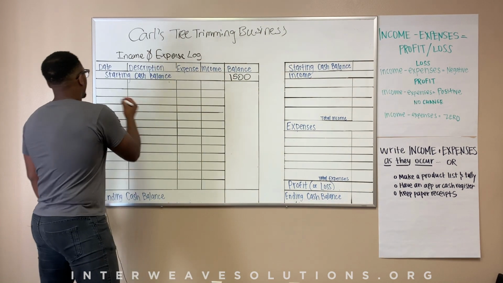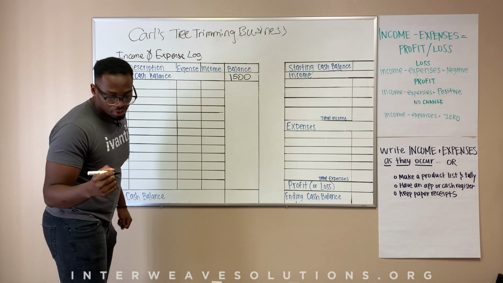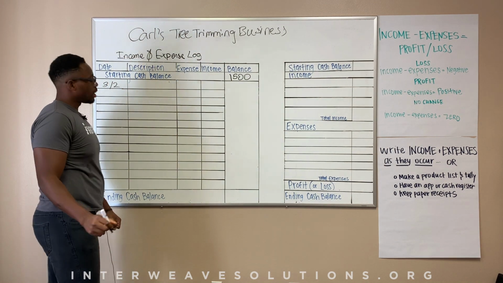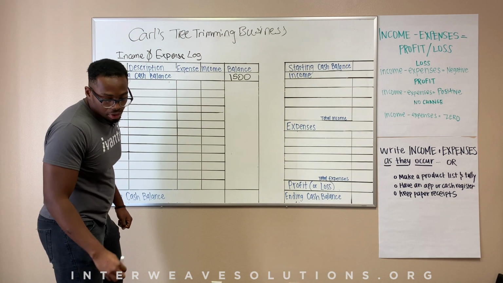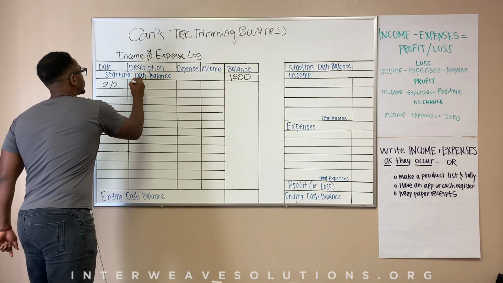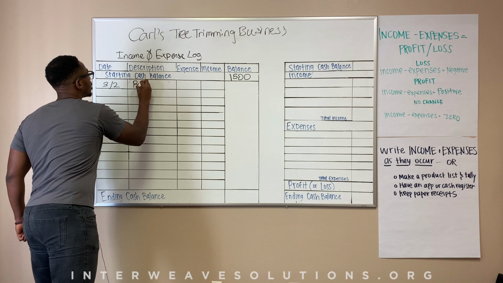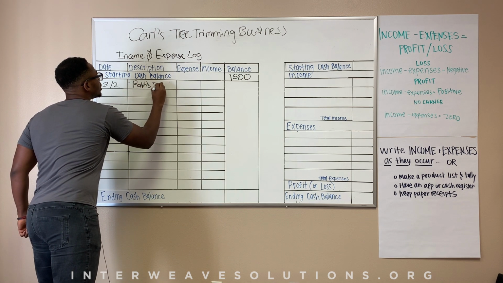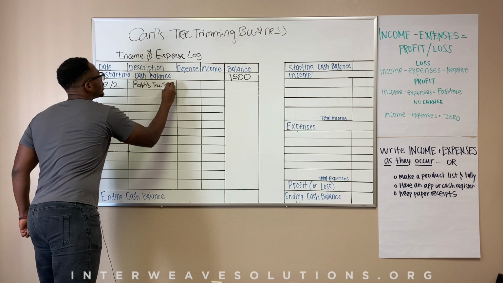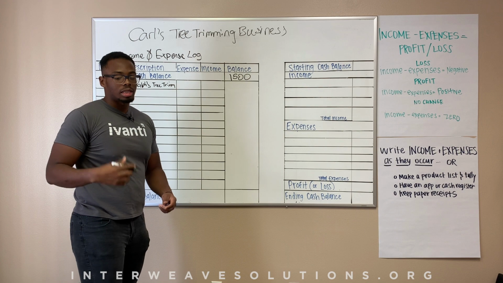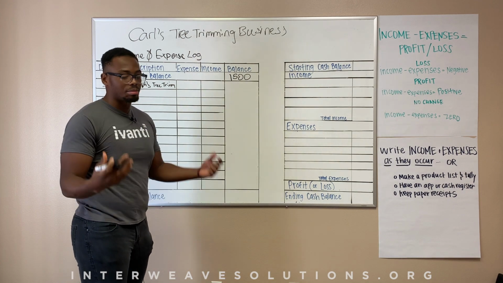For the date of 3/2, I trimmed Ralph's tree. Ralph's tree trim, and that's going to be an income because I'm giving out a service and I'm getting paid for it.